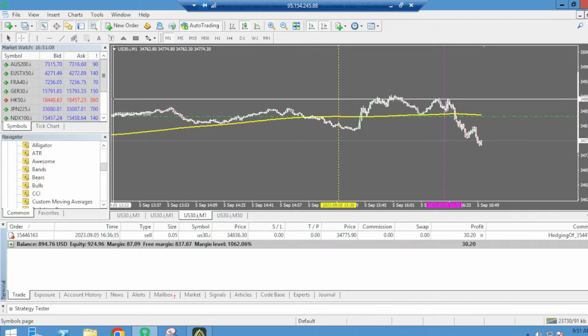We got 9 minutes left. Nine minutes left. Okay, so we have hit an area where we have a lot of support.